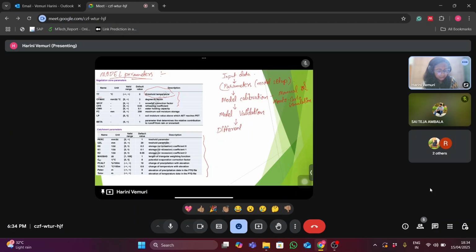After this, in model calibration and validation itself, we use different criteria to assess the fit of simulated runoff to observed runoff.